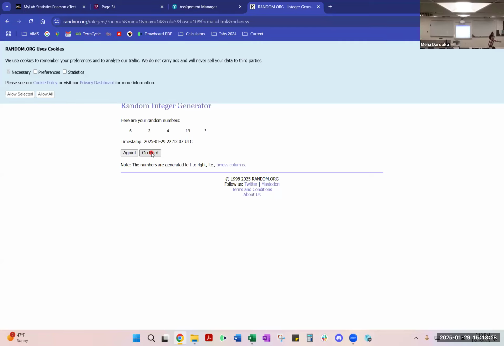Can you move your laptop to that side so that I can see your population better? Thank you. So Cameron, I see you already got your sample. Do you think it represents your population well, or do you think it's leaning towards some type of individuals more?